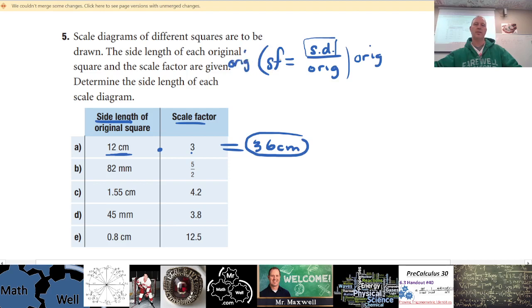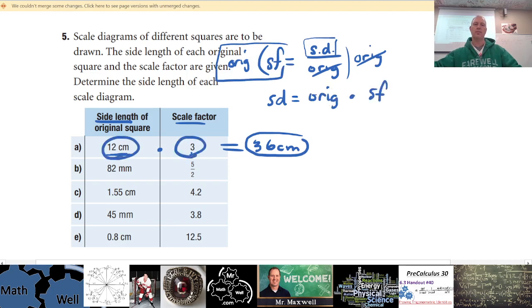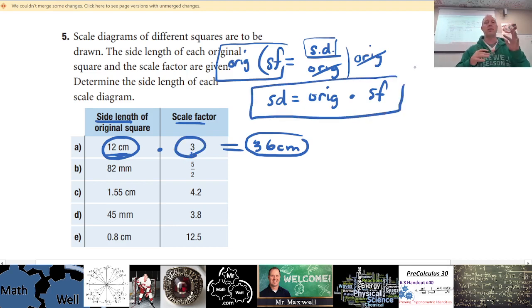See? So the scale diagram length equals, because the originals cancel, the original side length times the scale factor, which is what we just did. Original times scale factor.